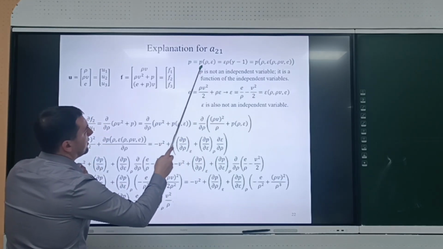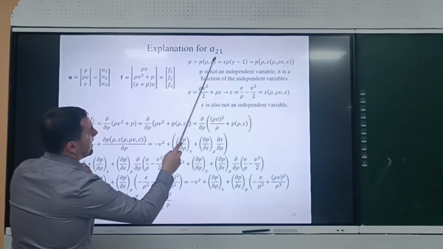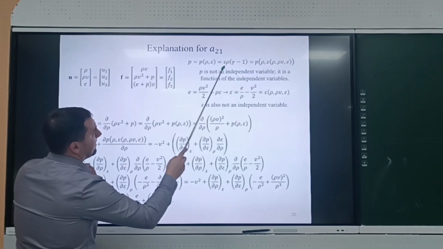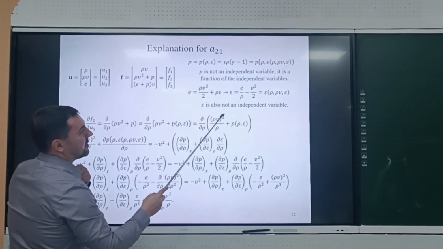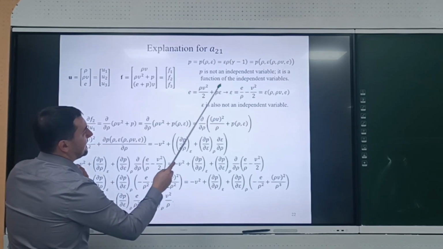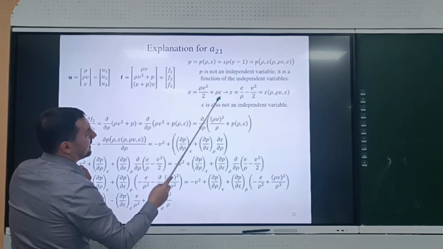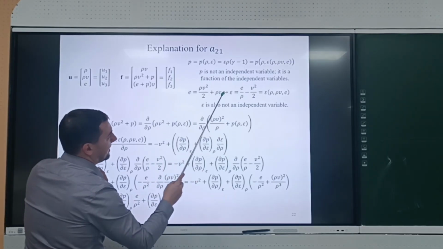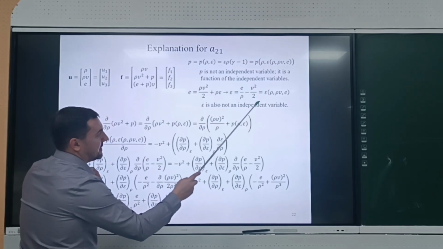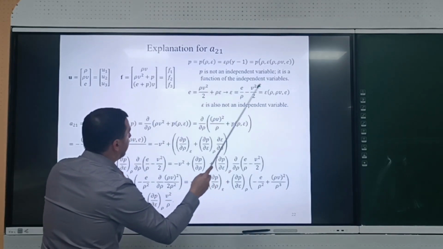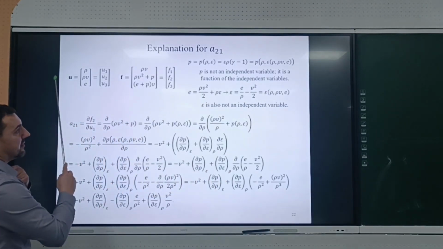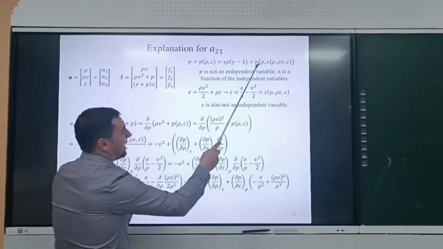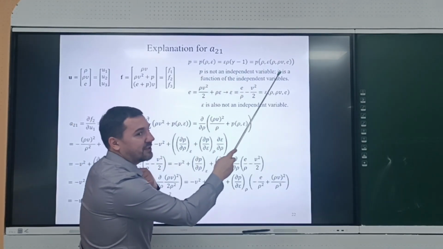So P is a function of rho and epsilon, where epsilon is internal energy. But epsilon is also not an independent variable here. So we can consider the expression for E and express epsilon from it. And now epsilon is a function of rho, rho V, and E, our independent variables.